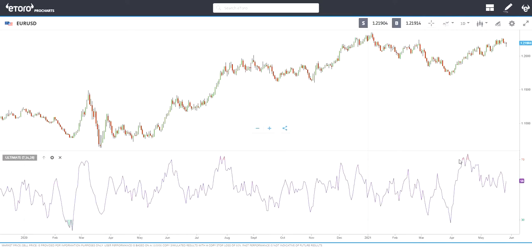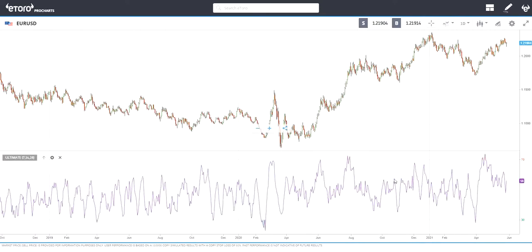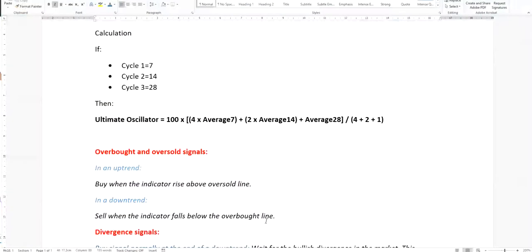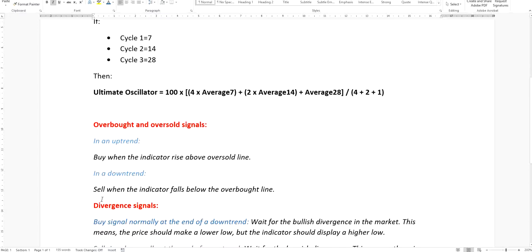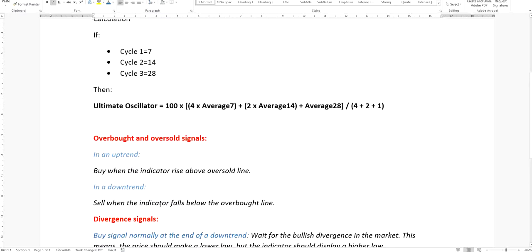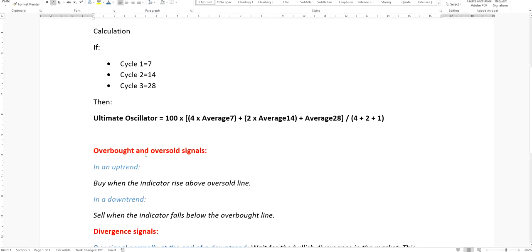The signals that we can get from this indicator are different. We can get two different types of signals. One of them is the overbought and oversold signal, and the other one is the divergence signal. Like many other oscillators, we use divergence signals as well. For overbought and oversold signals, we normally trade in the direction of the trend.